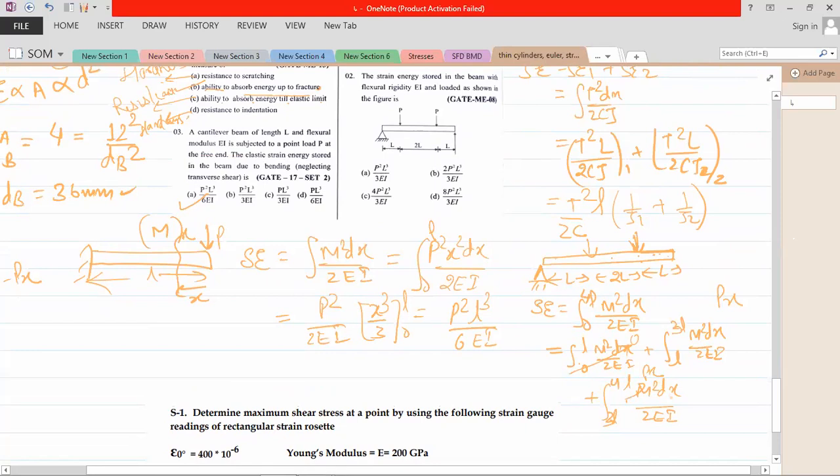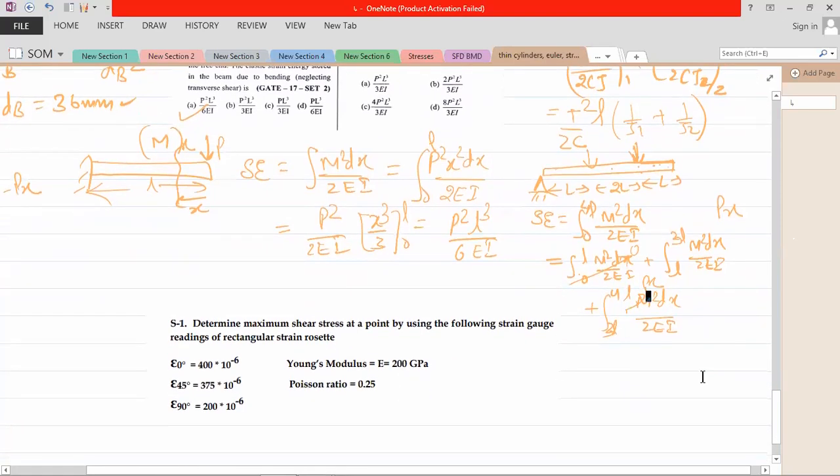If you substitute and put in the values, you can get the answer. Let me solve it. I would write P square upon 2EI times x cube upon 6 from L to 3L, plus P square upon 2EI times x cube upon 3 with limits 3L to 4L.